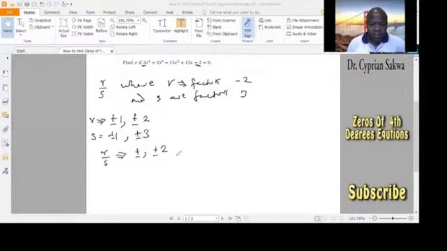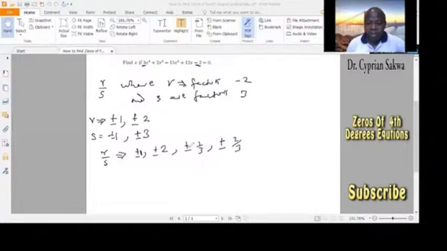Then our r over s will be positive or negative 1/3 and positive or negative 2/3. So what I mean at this point is that if this equation can be factorized, then one of its roots must be one of these.